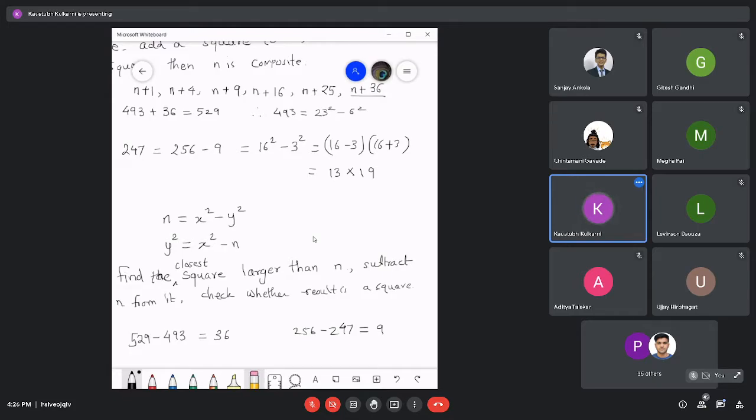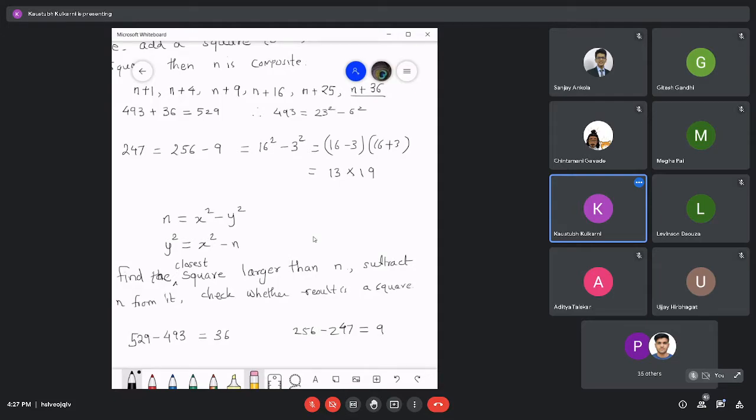Now you may not get it this way, so you may have to try one more square. Luckily we got it here, but maybe we could require going up to the next. Let's say it was 64 or something.